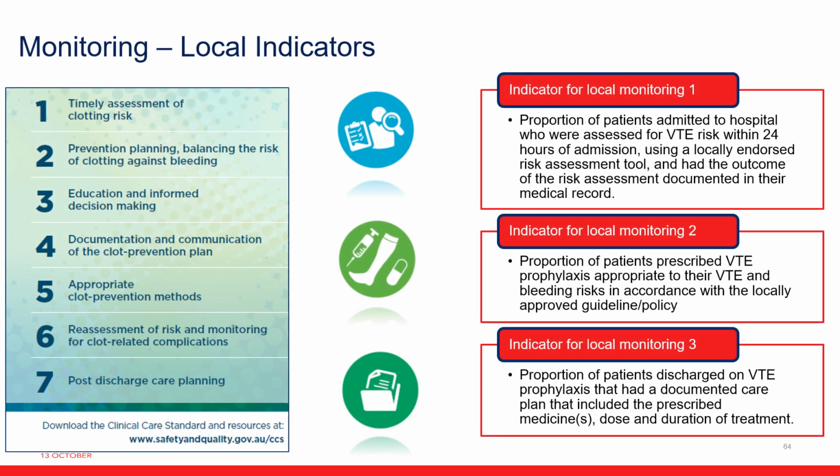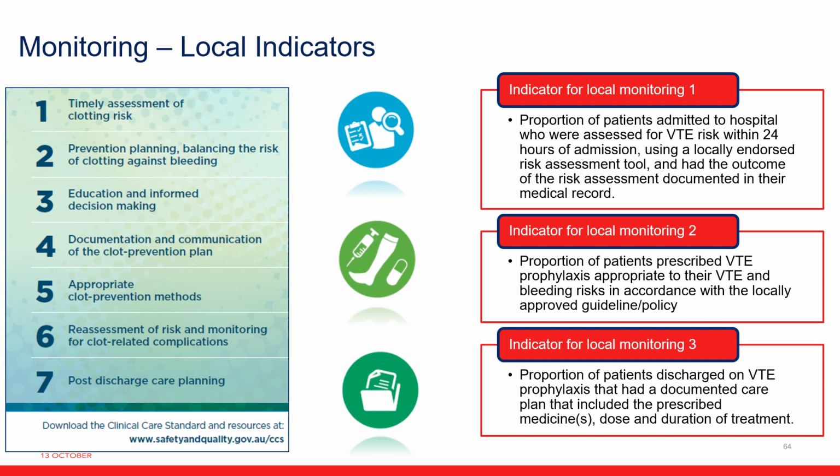There's other local things we can do in regards to auditing or assessing how our units or divisions are going in regards to VTE prevention. We can audit how many people are getting a risk assessment within 24 hours of admission.